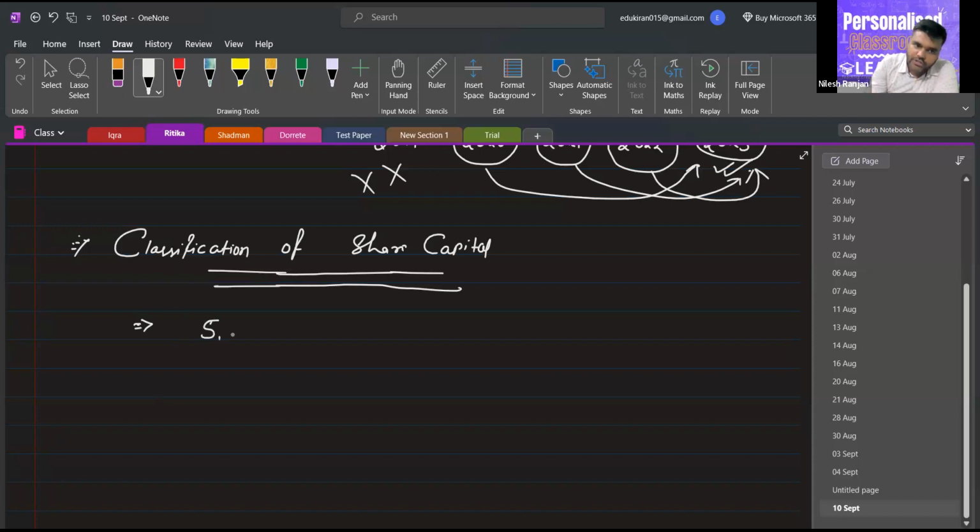Now, let's say they manufacture 5 lakh units, and the per unit price is 100 rupees. So the total stock they have, can you tell me the value of the stock?